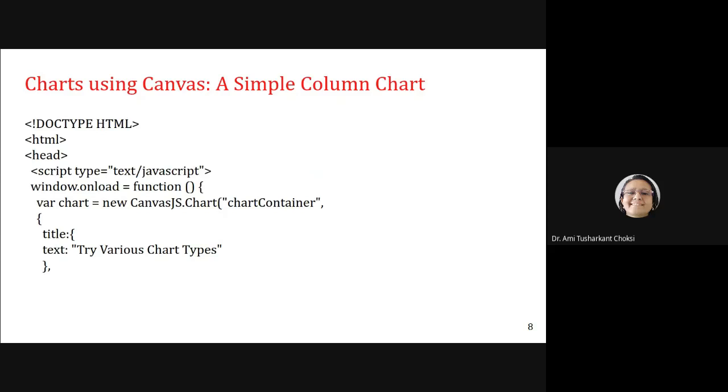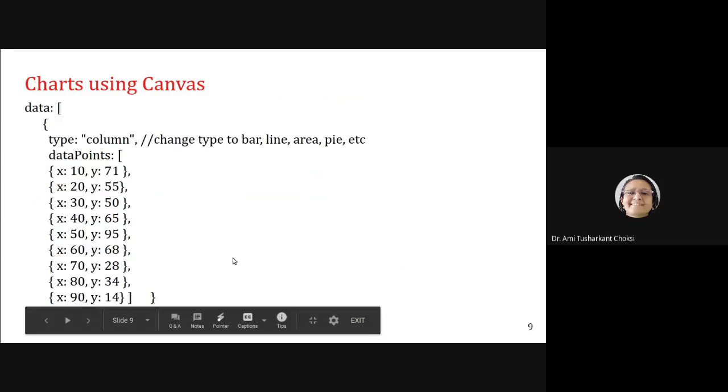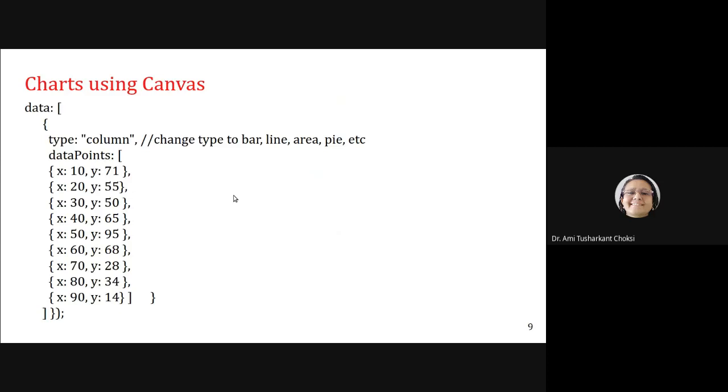Now, what is the title of it? The text which we want to display is "Try various chart types." Now we should provide the data, and for that we will provide the x and y coordinates. First of all, for data, we provide type is column.